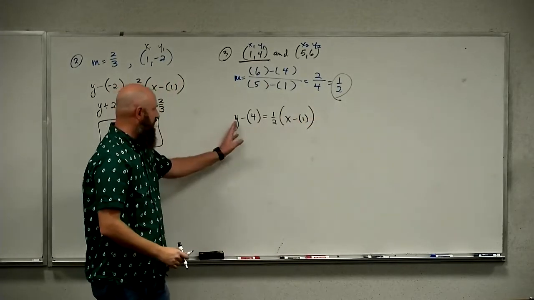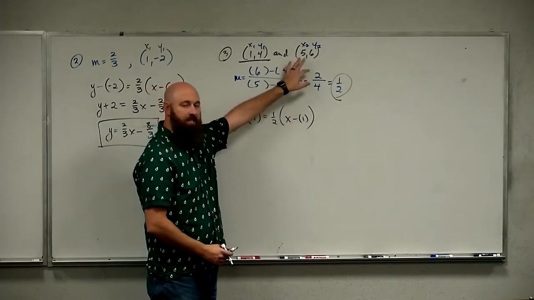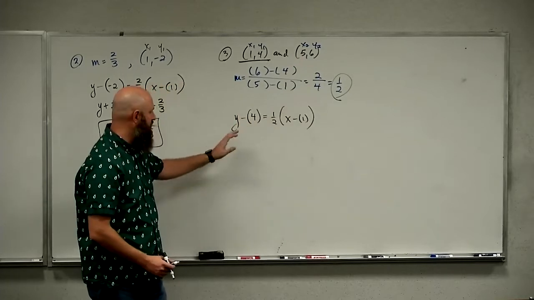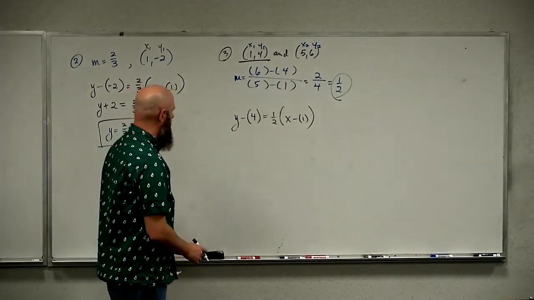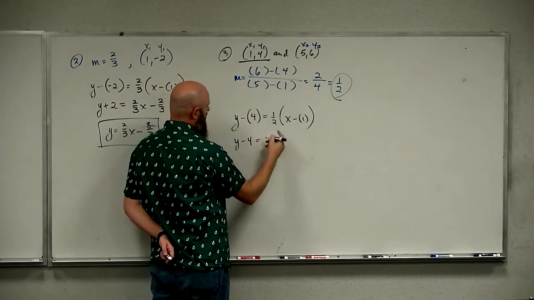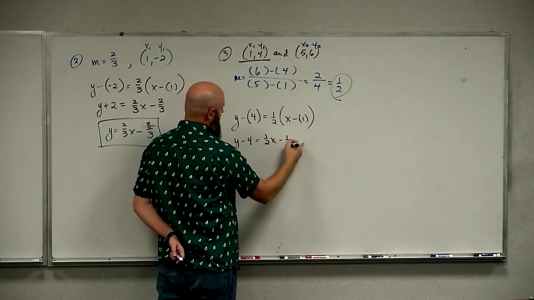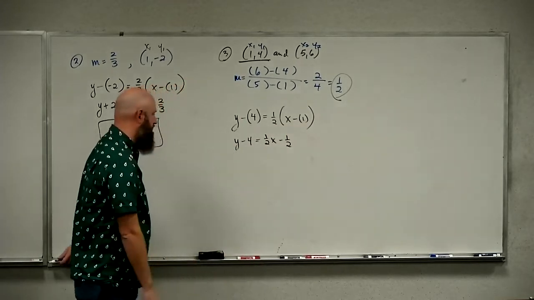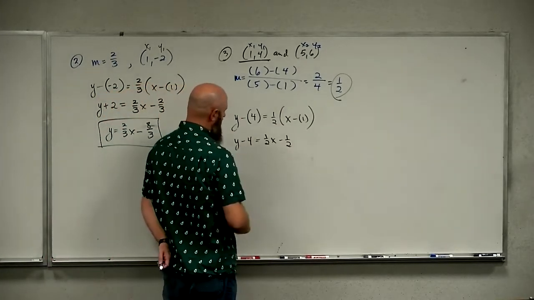Now notice, I still have an x and y in my equation. I didn't plug those things in, okay? Don't do that. Make sure that you plug in the x and y there for those, okay? All right, so now we got y minus 4. We get 1/2 x minus 1/2. This time we add our 4 over.